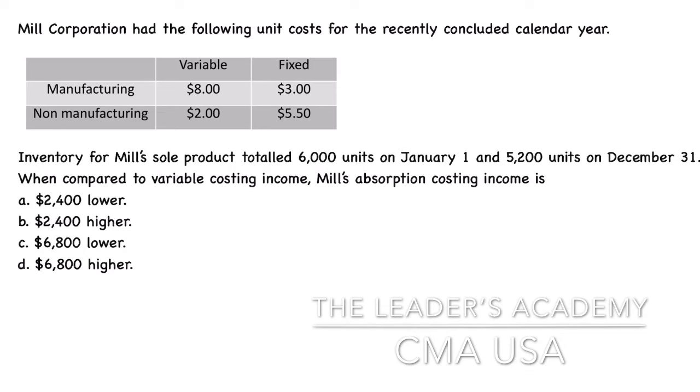Inventory for Mill's sold product totaled 6,000 units on January 1 and 5,200 units on December 31. When compared to variable costing income, Mill's absorption costing income is option A $2,400 lower, option B $2,400 higher, option C $6,800 lower, option D $6,800 higher.